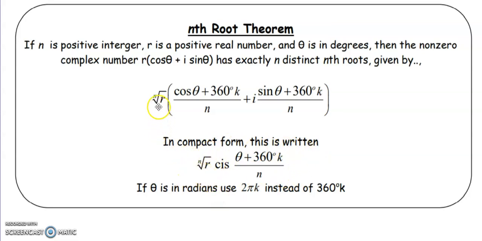We take the nth root of r, and then we do theta plus however many degrees to find all of our other roots. And if we're using radians, remember we're not going to use 360, we would use 2 pi. And k tells us how many added times we're going to find our root. It'll make more sense here right now.